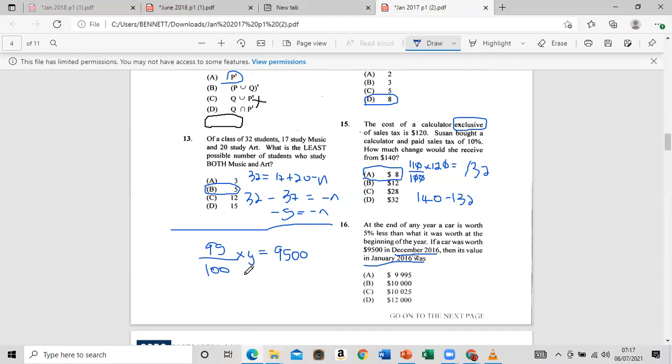Alright, so we can transpose now. So I divide, so it's 9,500 times 100 divided by 95. So it was worth $10,000.